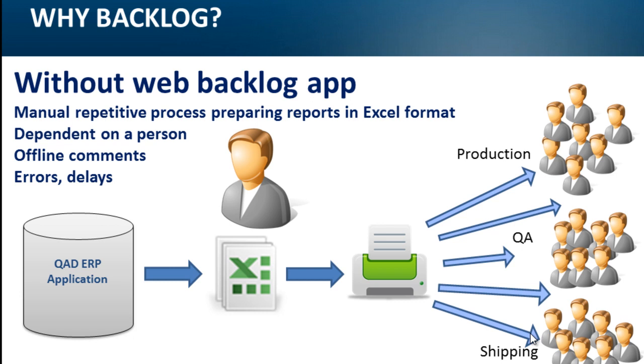That was the exact concern of management: what happens if this person is not available? Who's going to prepare those backlog reports for our teams? It was a question mark.